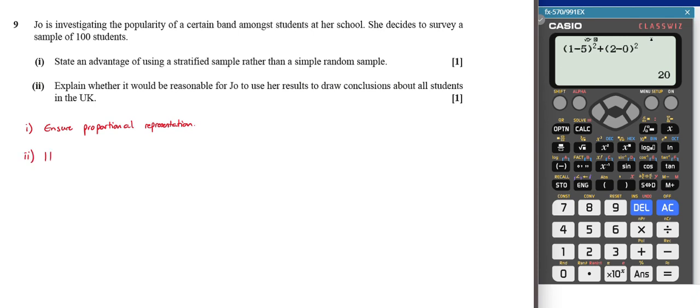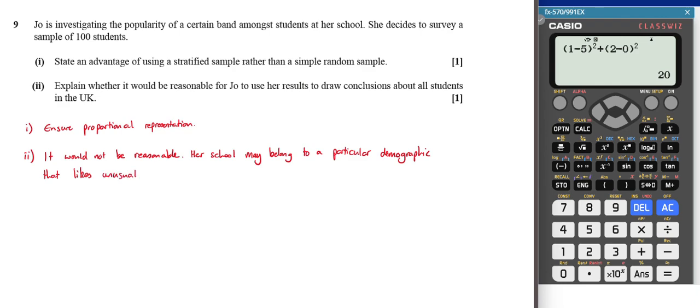It would not be reasonable, her school may belong to a particular demographic that likes unusual music styles. And I think that's a fairly reasonable sort of suggestion.